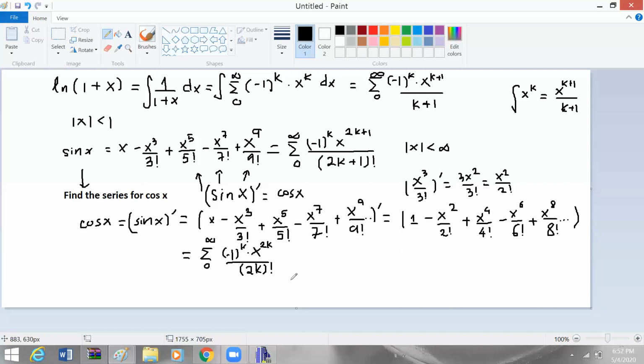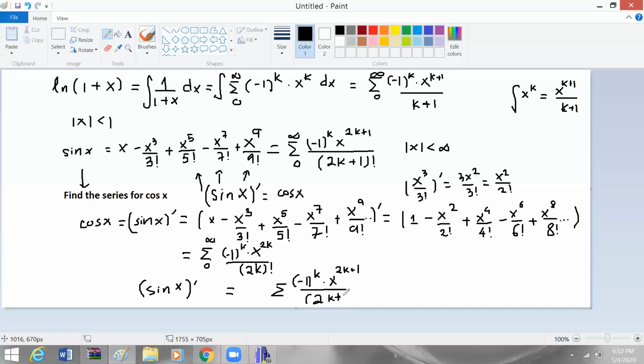In fact, I can also rewrite the sine of x derivative. So meaning that we know the fact that the sine of x will be the sum of negative 1 to the k, x to the 2k plus 1 over 2k plus 1 factorial.